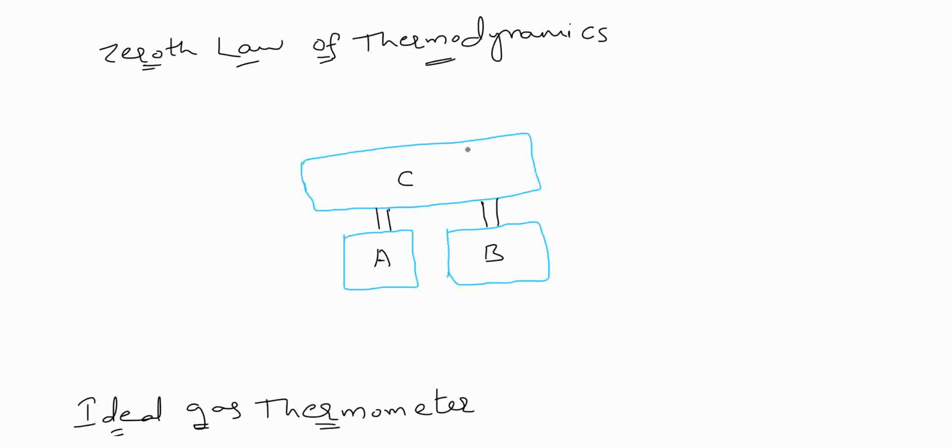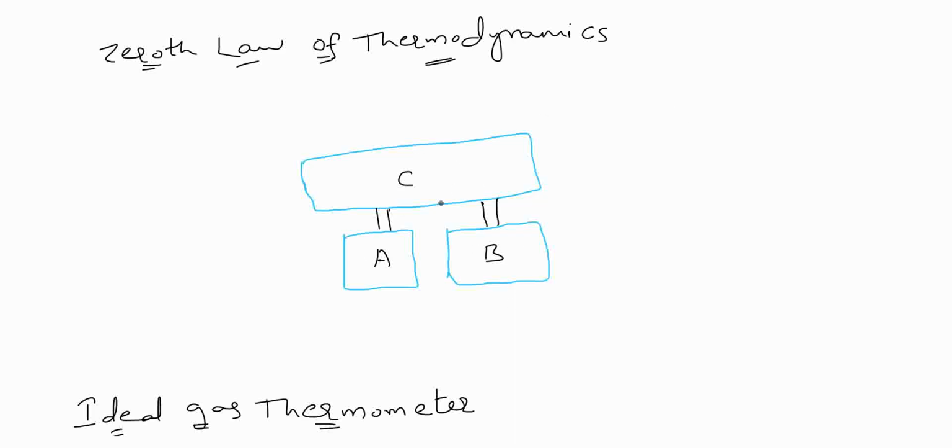Other state variables are also important, but nevertheless, it has its own implications with temperature. So we have three bodies here: A, B, and C. Now we have joined A with C and C with B here.